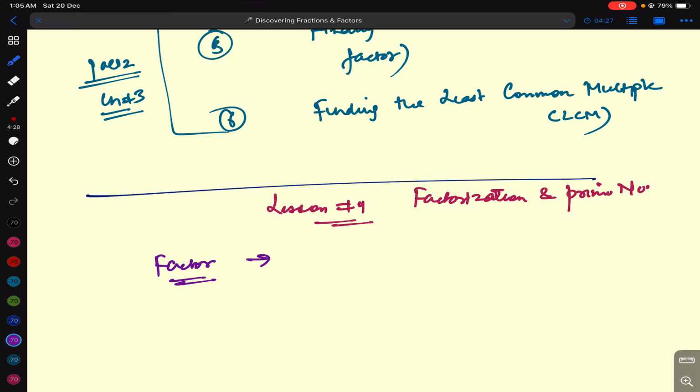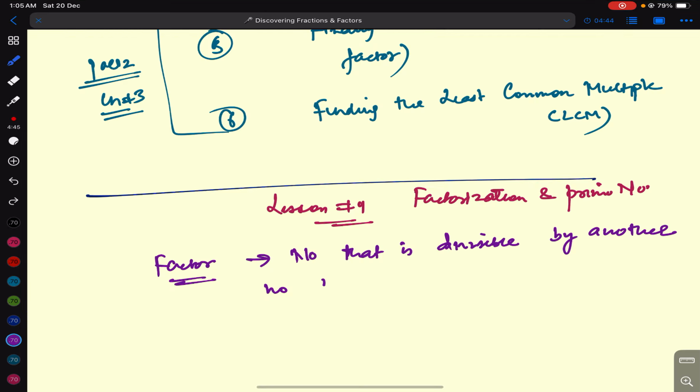A factor is a number that is divisible by another number and where the quotient is an integer.